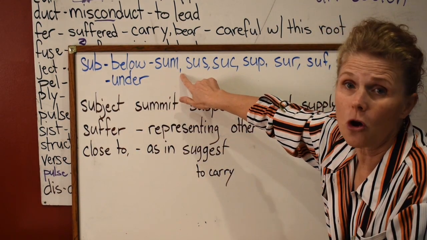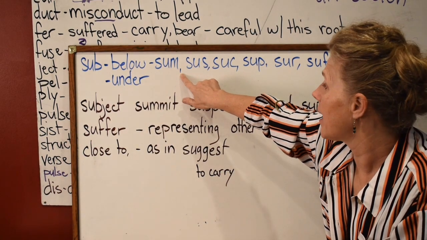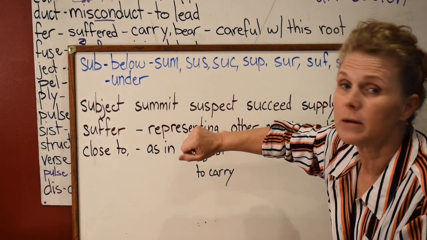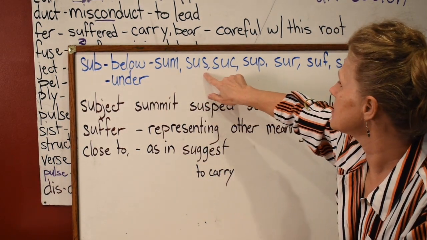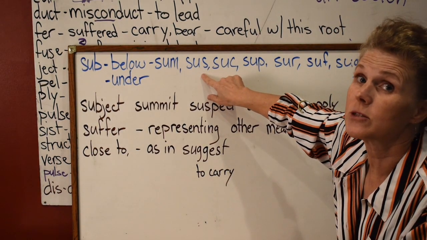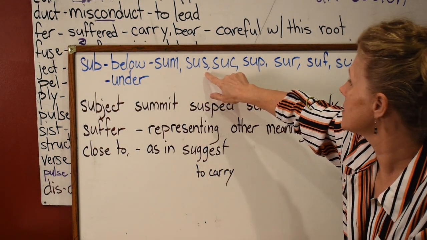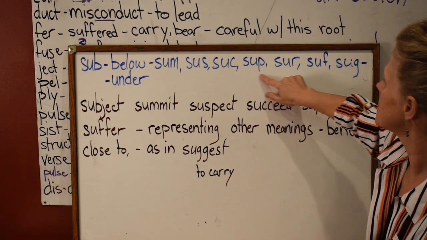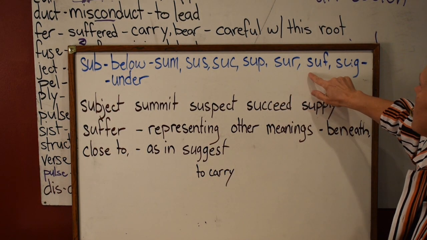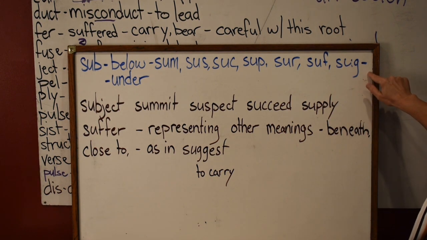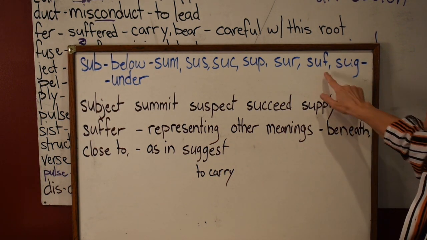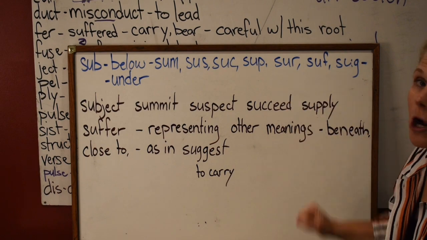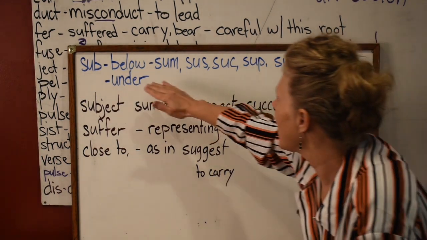Some will go on the root that starts with an M. Sus can go on P's or S's, like suspect. These will go on C: suc, sup, sur, suff, sug. These will go on G's, F's, and R's. So you need to have these memorized.